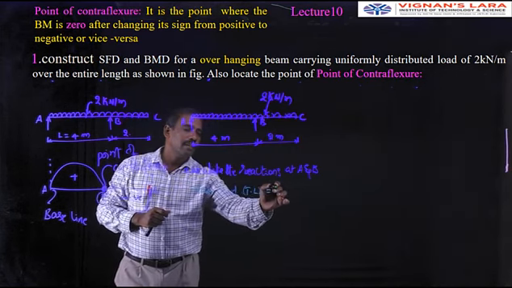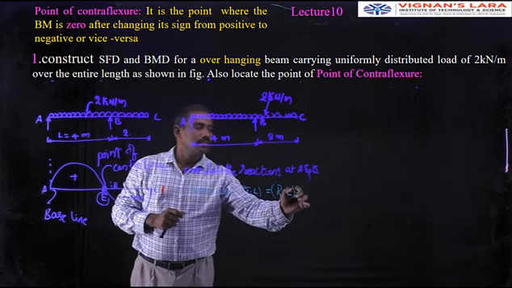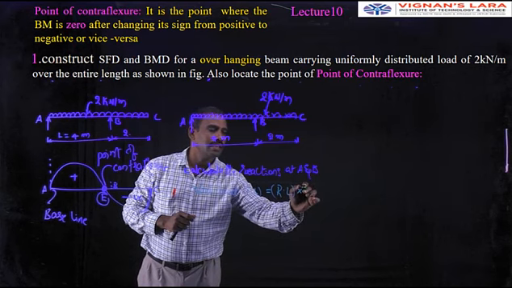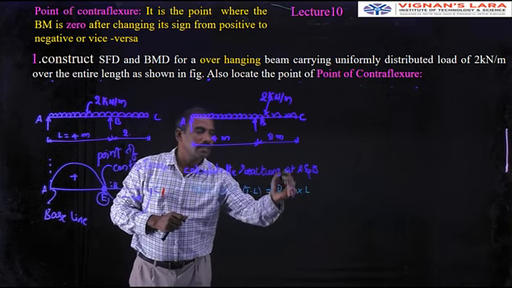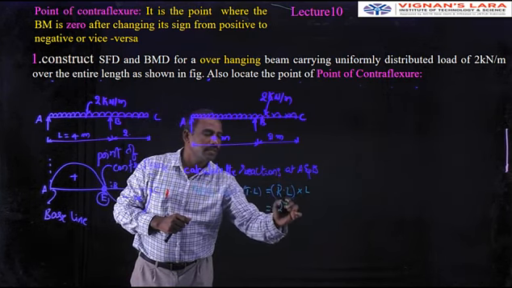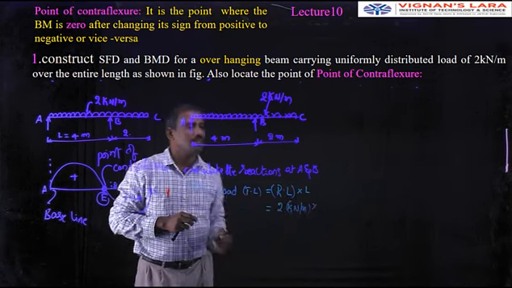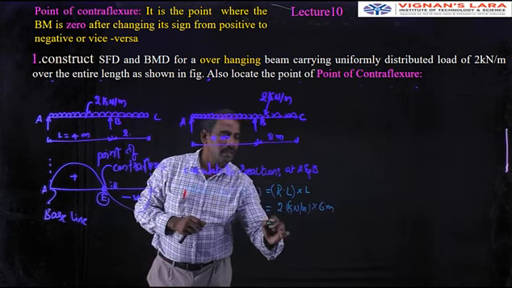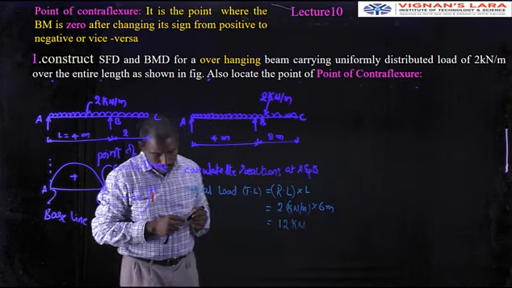As we know, the rate of load times the distance over which the load is distributed, let us assume as L. So that is equal to the rate of load in kilonewtons per meter, and the total length it is distributed over is 6 meters. Finally it is 12 kilonewtons. This is the total load.